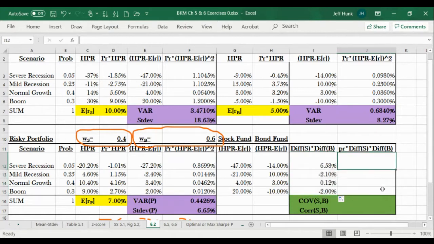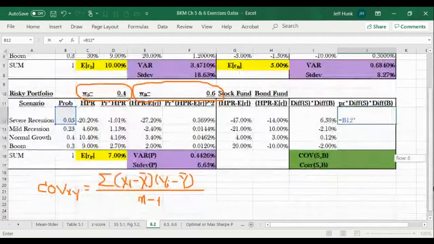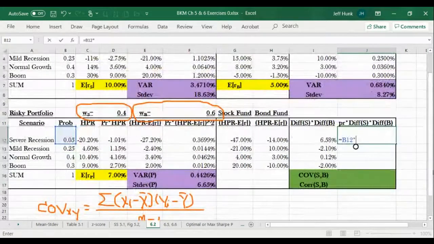There you go. And then we weight it by the probability. Probability times, because instead of dividing by n or n minus 1, because we have different probabilities, we cannot do it like this, but we have to weight it by probabilities. And this is already a product, so it's like a squared term, like in variance.